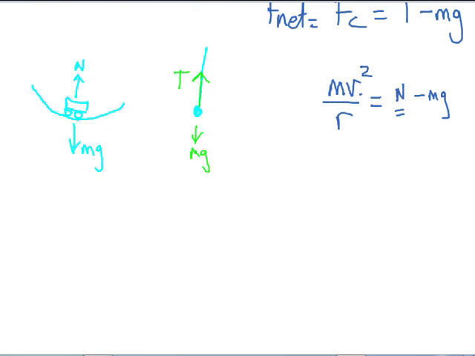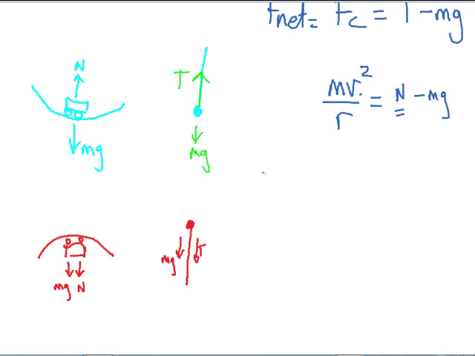The other scenario that you've got to look at, we only have to consider the bottom of the circle or the top of the circle. The other scenario is at the top. So we've either got a crazy cart, and in this case the weight force is acting down and the normal reaction force is acting down, or tension is acting down and the weight force is acting down.